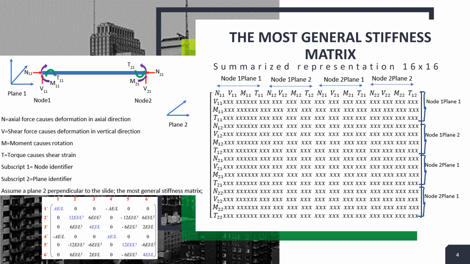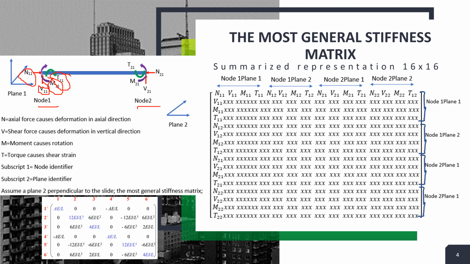One, we have an axial force, which is represented by N, shear force represented by V, moment represented by M, and torque represented by T. So those are 4 forces. And then if we have different nodes, so let's say this is node 1 and node 2, the 4 forces on node 1 and another 4 forces on node 2.